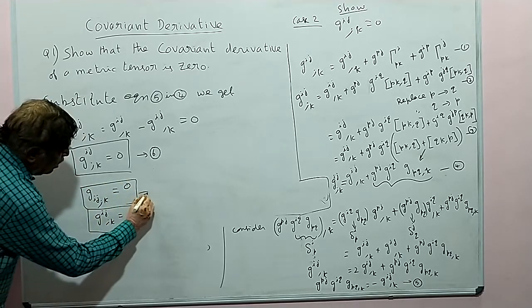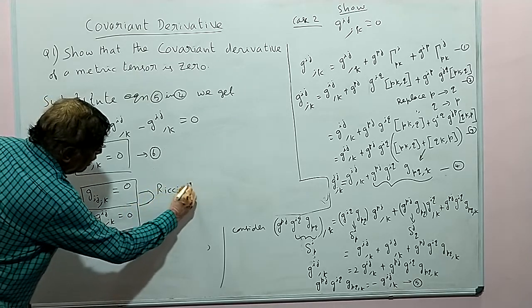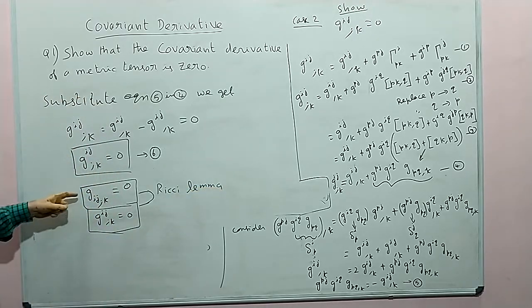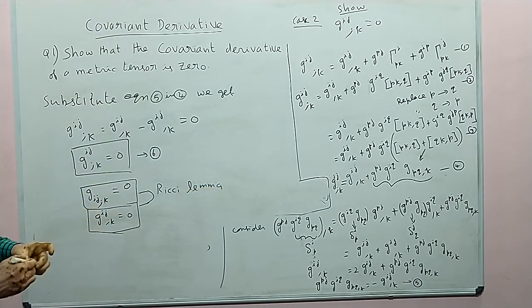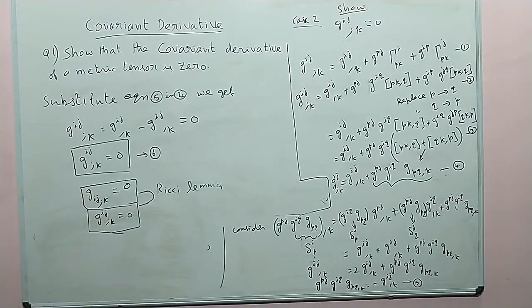These two are called Ricci lemma. So this result may be useful for further discussions. So this is a simple proof.